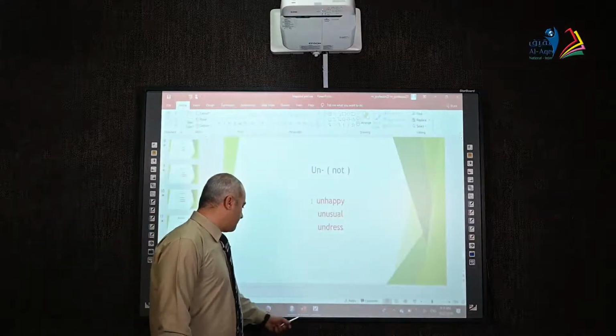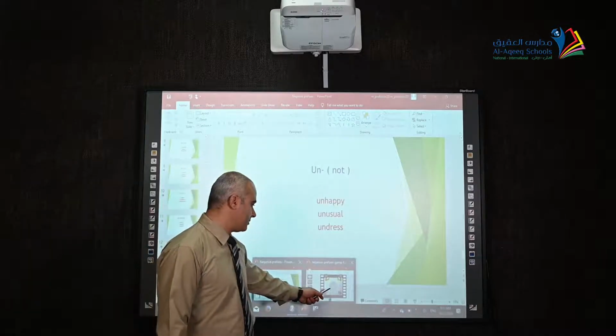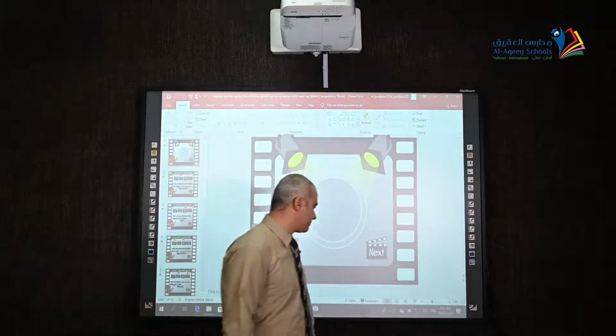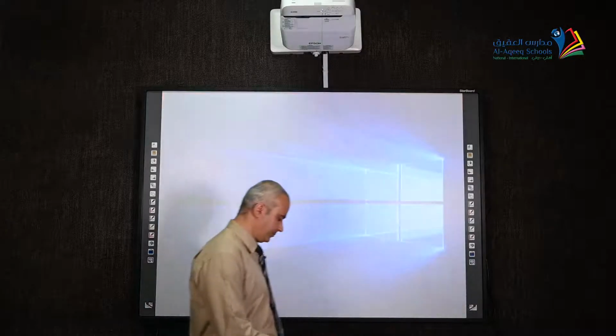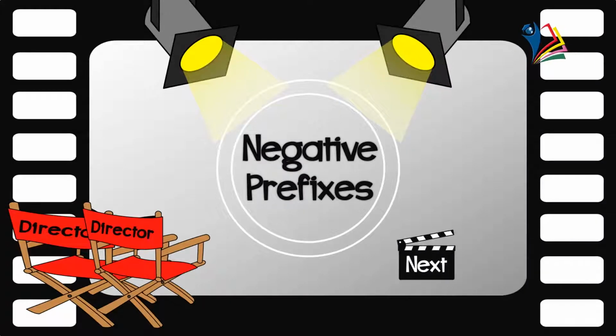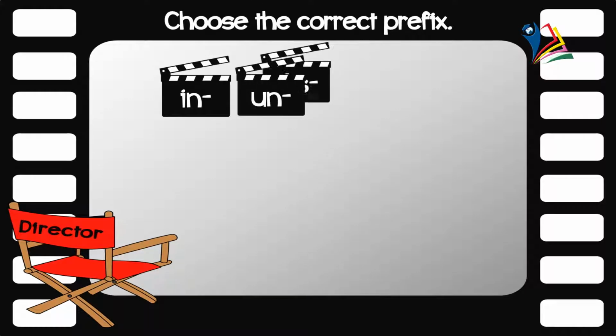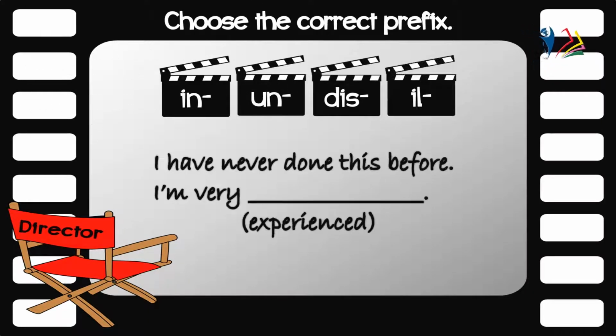Now we have a game on negative prefixes. Let's have a look. Now we have to choose the most appropriate or the correct prefix here. First, in, un, dis, il. I have never done this before.